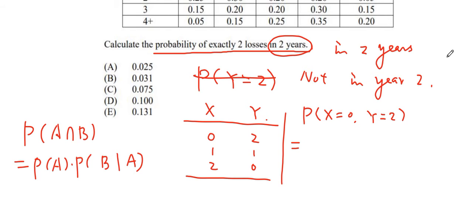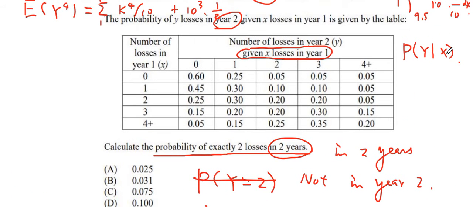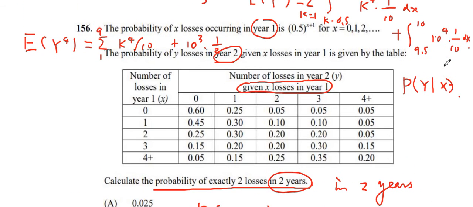Okay. So here, x equals 0, then under this condition, y equals 2. So this probability x equals 0: the probability is 0.5 to the power x plus 1.